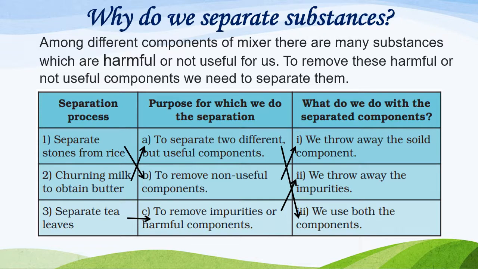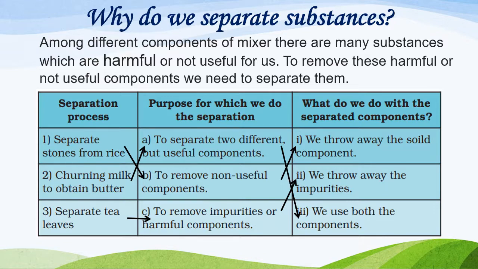Now we will see the second. Churning milk to obtain butter. To separate two different but useful components. Churning milk is a useful component, and butter is also a useful component. So for the second, A is correct.